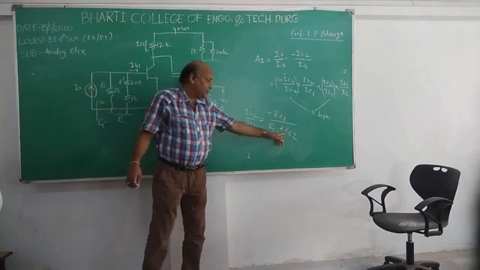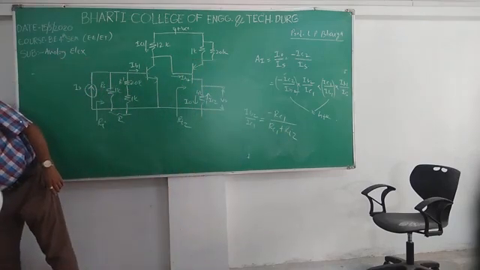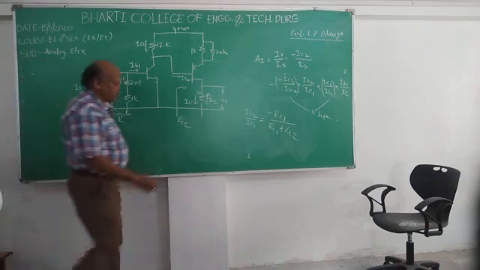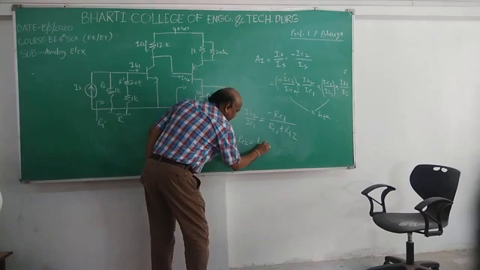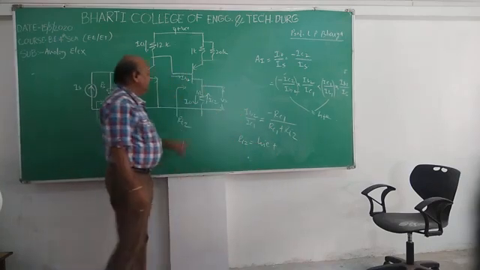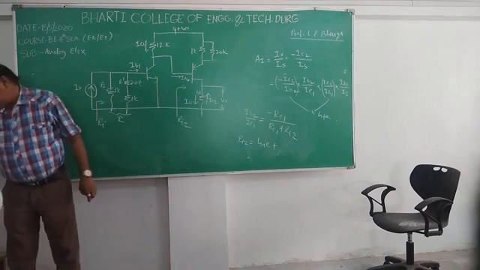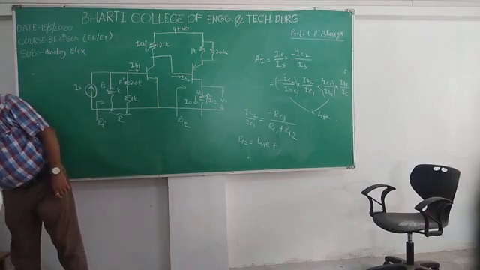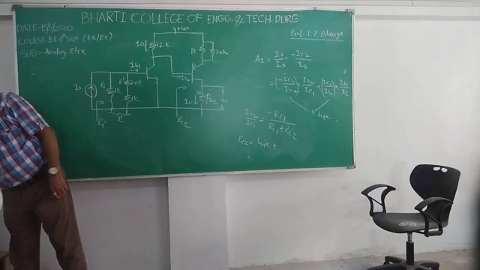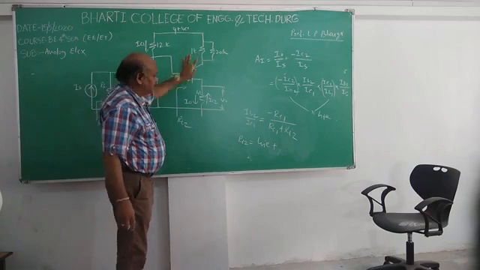Now you have to calculate the value of RI2. How will you calculate the value of RI2? That is important. So to calculate this RI2, RI2 is equal to HIE of this transistor plus 1 plus HFE into RE. RE of this transistor is this one.